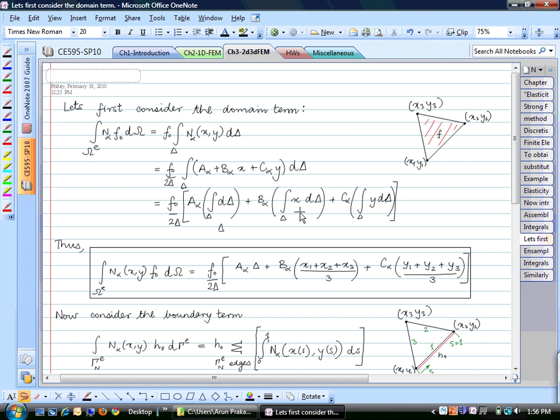That is going to be the x component of the centroid times delta. Does that make sense? We use this formula to calculate the centroid, right? The x component of centroid times delta is equal to the integral of x times the d area, right?